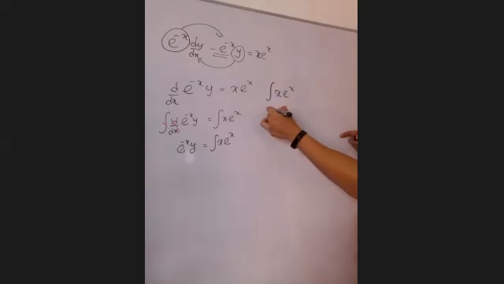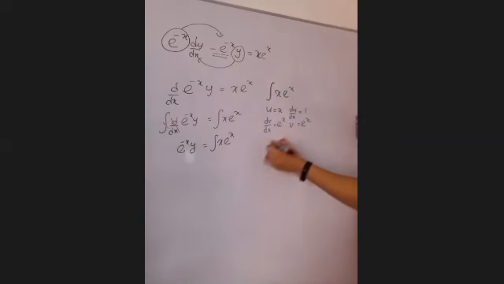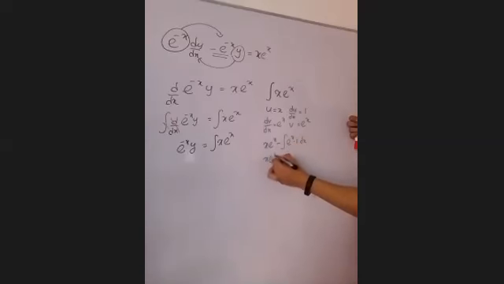You can say u equals x, and therefore du by dx is equal to 1. dv by dx equals e to the power x. I'm just showing the steps only. x e to the power x minus the integration of e to the power x into 1 dx. So x e to the power x minus e to the power x is the answer.